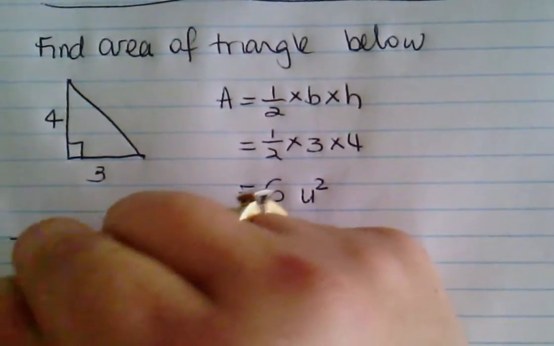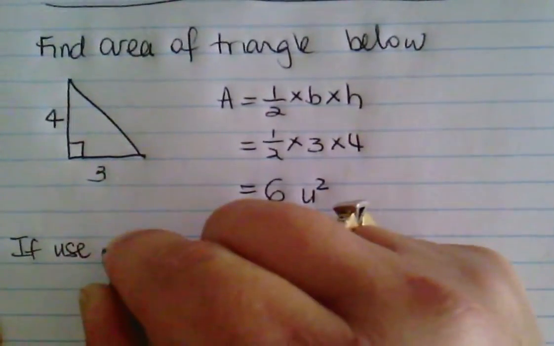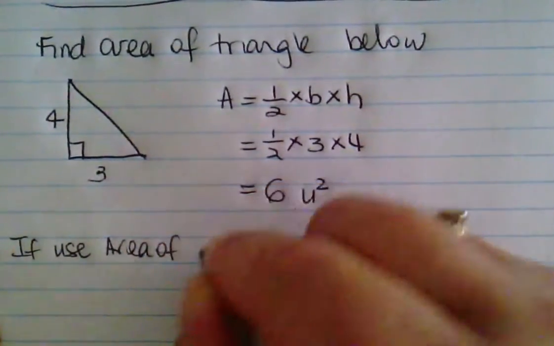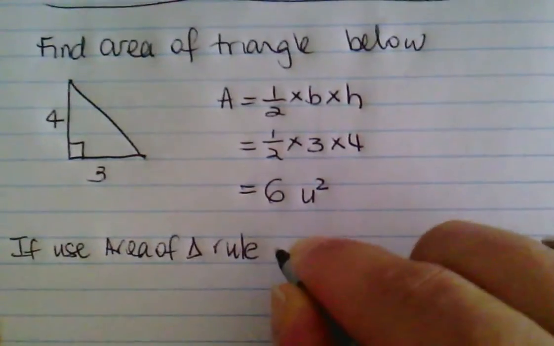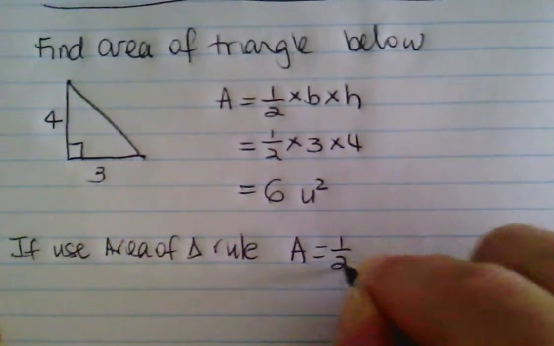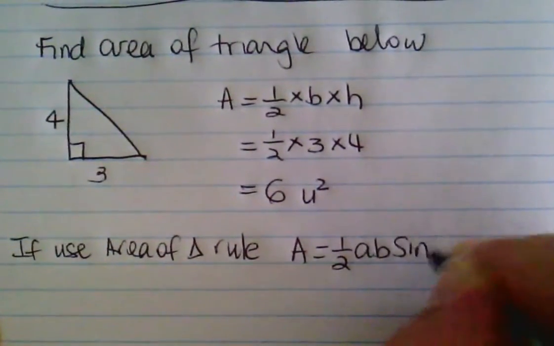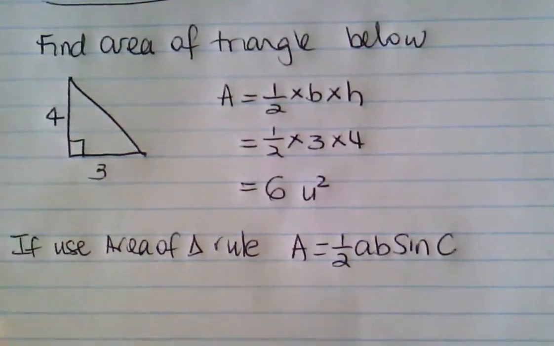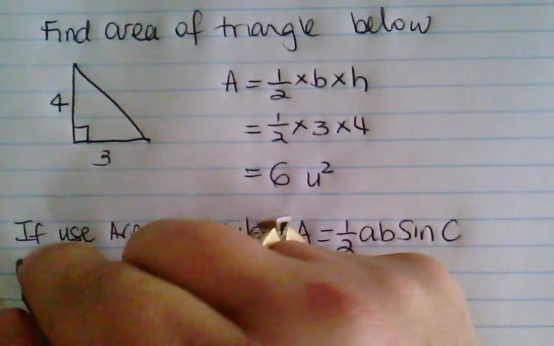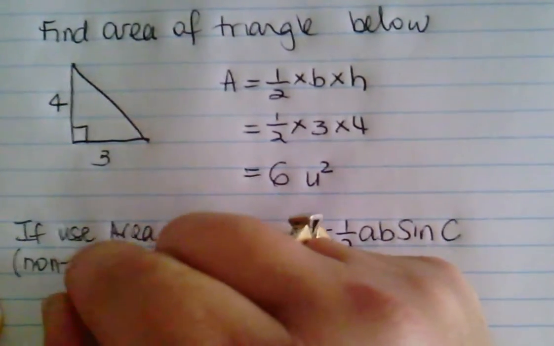But what happens if you use the area of a triangle rule, which is this one, half ab sine C? Do you remember that? For non-right angle triangles.